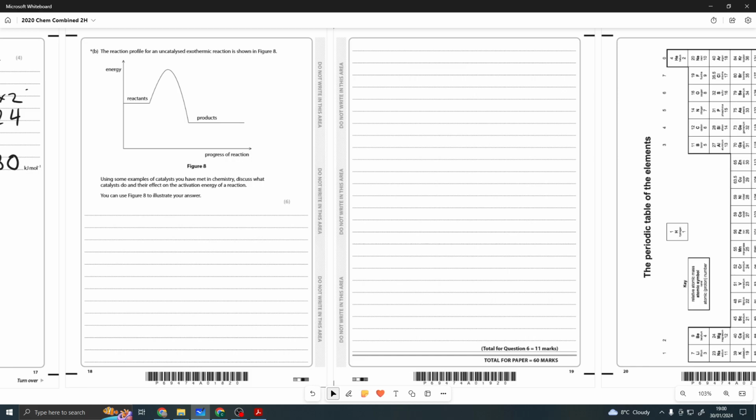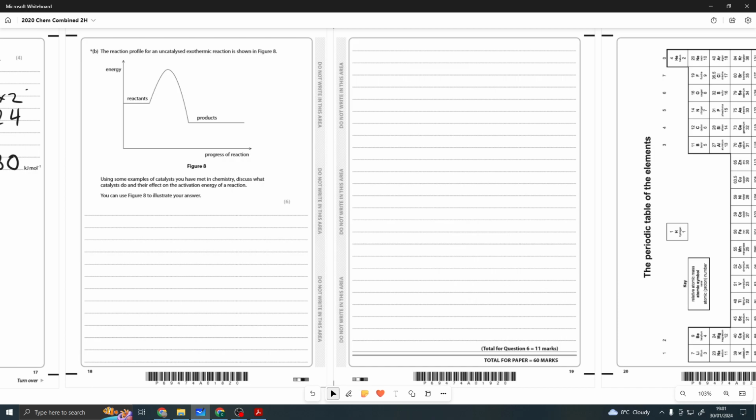If you don't know one, you are stuck in level 1, getting 1 to 2 marks, because you can describe the role of a catalyst but, without identifying a reaction that uses one, you cannot get more than 2 marks, which I think is a little bit harsh.